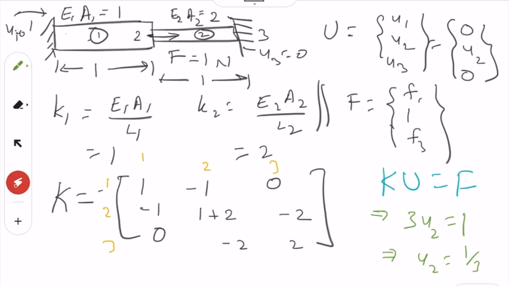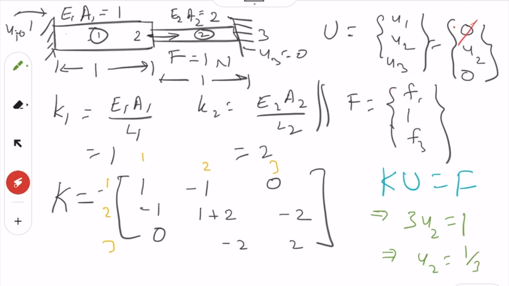So now we are going to put 0, 1/3, 0, and we want to find F1. From the first equation of this system, this multiplied by this equals F1.